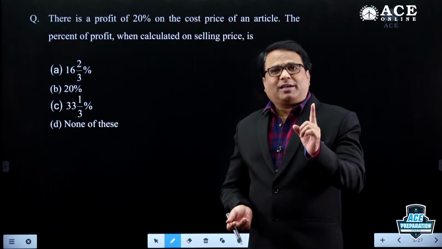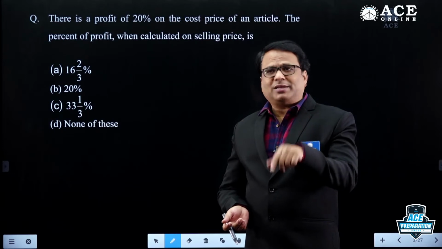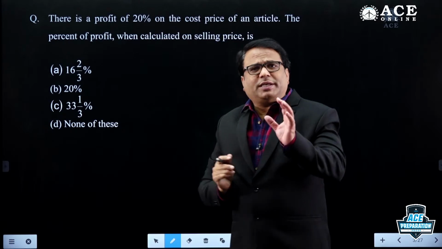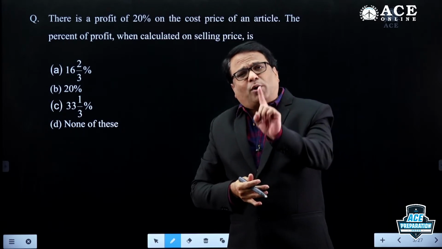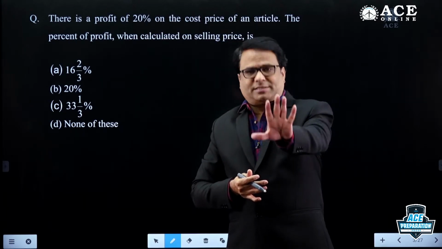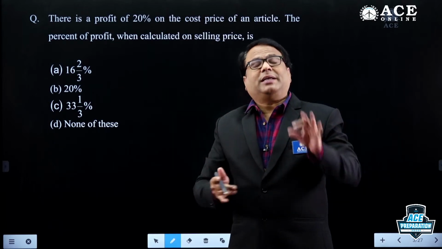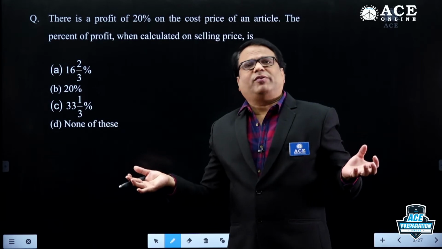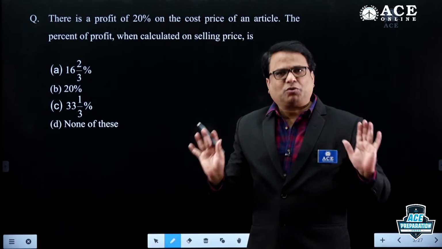So, if you calculate profit percent on cost price, it is given as 20%. Then the question is, suppose you calculate profit percent on selling price, in case, it is never done, but in case you calculate profit on selling price, what will be the profit percentage? That is the question here.